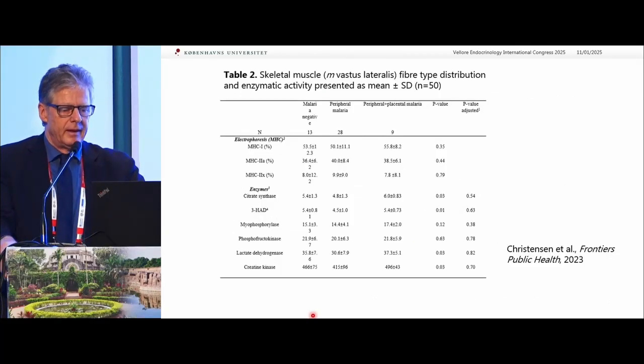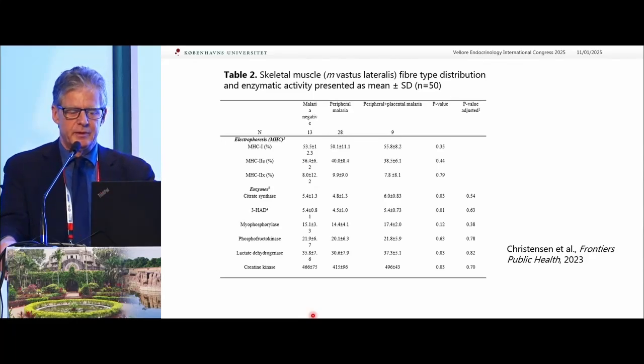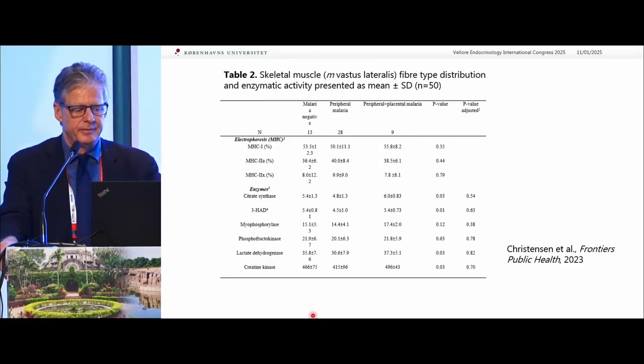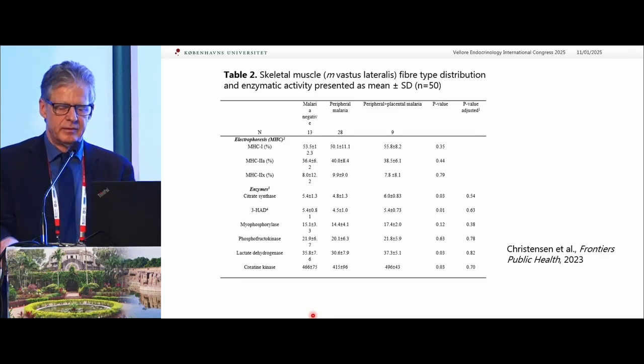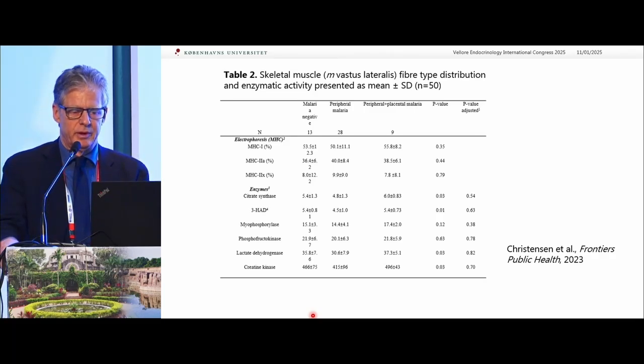And the answer is no. There was absolutely no impact, neither on the skeletal muscle distribution nor on the enzyme activity, even after adjustment. So that indicates that it's not a lack of insulin sensitivity or insulin resistance that is a problem with malaria infection during pregnancy.